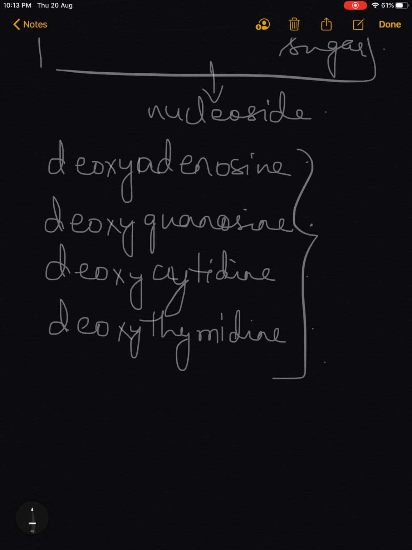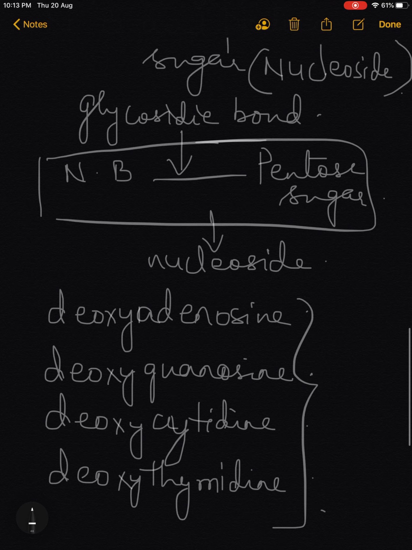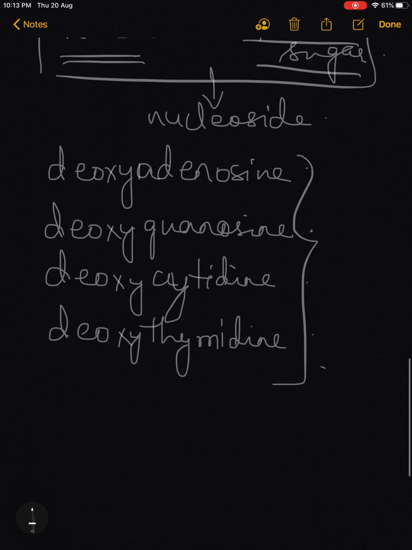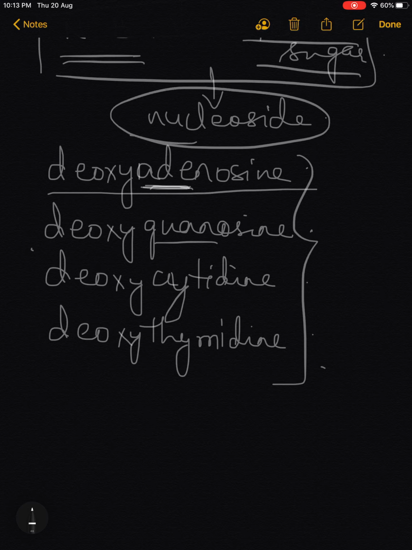Why? Because I just told you that when the nitrogenous base gets bonded with pentose sugar, if the nitrogenous base is adenine, then it is called deoxyadenosine. If the nitrogenous base is guanine, which nucleoside will be formed?